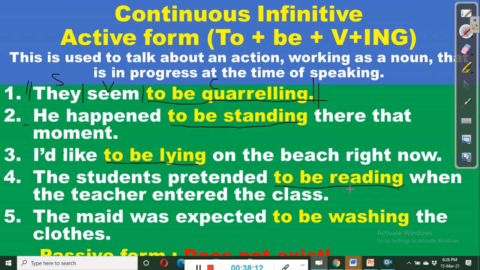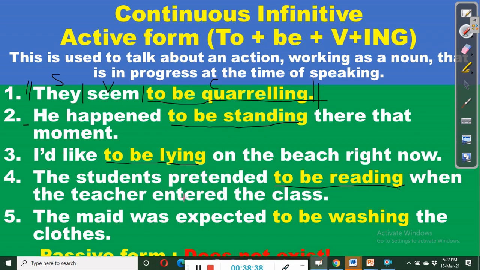Again, one other thing we notice here is the types of verbs that the continuous infinitives are used with. All right, we have seen the first one, seem, then happened, then like, pretended. All right, so the next one was expected.